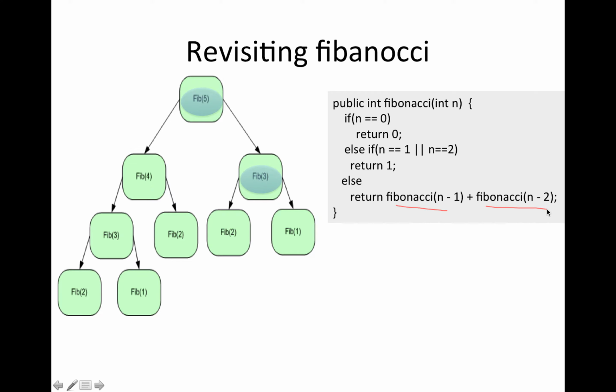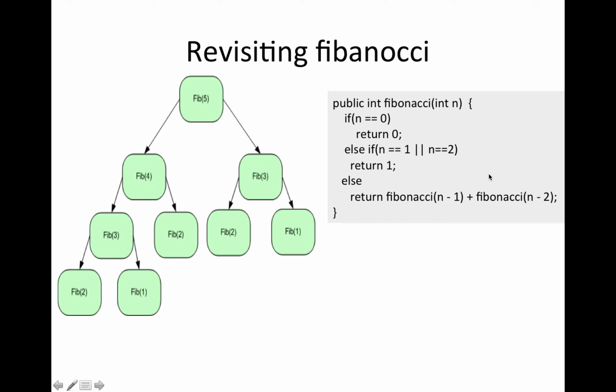But note that we had already calculated fib of 3 here. When the stack got back from fib of 4, we ended up recalculating fib of 3 to do the fib of n minus 2. So we recalculate fib of 3, and ultimately we have the value for fib of 5, which is fib of 4 plus fib of 3.